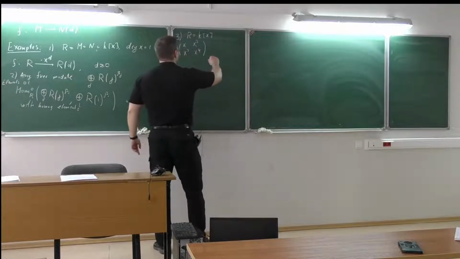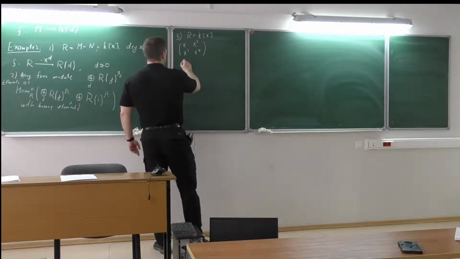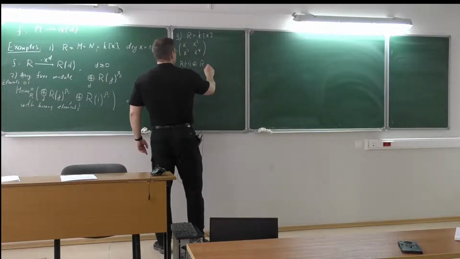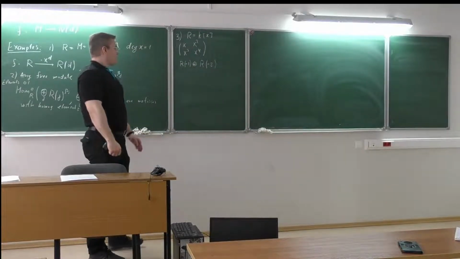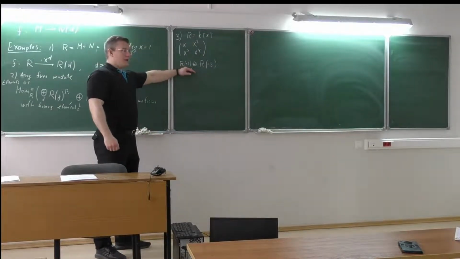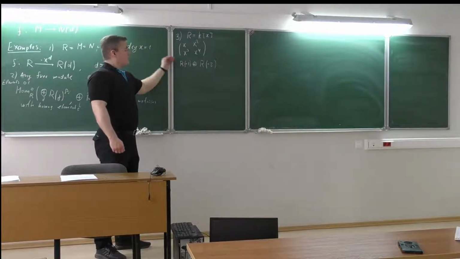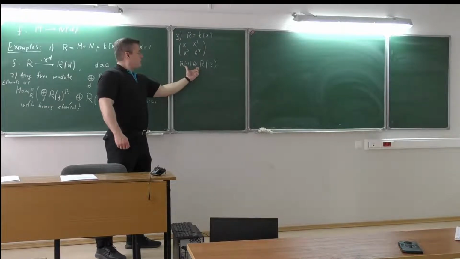For example, I start with R, then I shift this by -1, take a direct sum, shift this by -2. So suppose I want to consider this module, and I take a couple of elements. How do we multiply? Row on the column, so the column is these two elements, the first component here, the second component here.